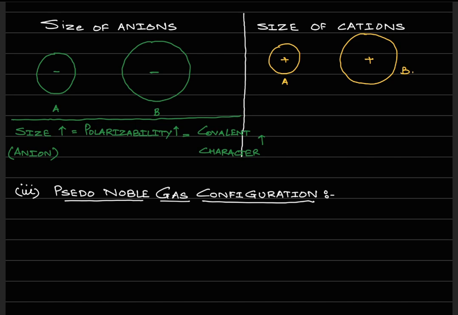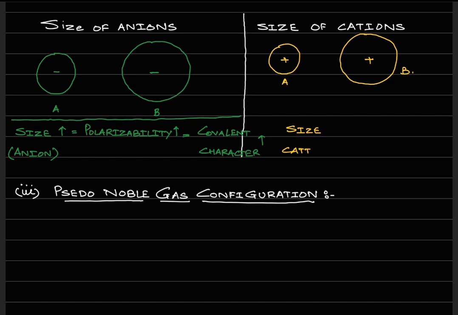So the size of the cation, when it decreases, the polarization increases, and therefore if polarization increases, the covalent character would also increase.